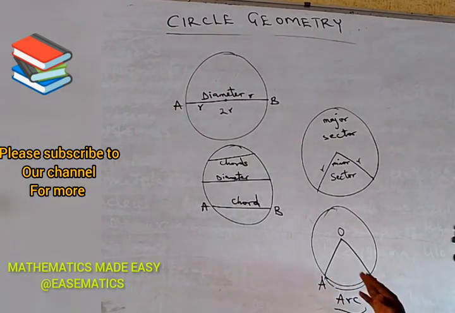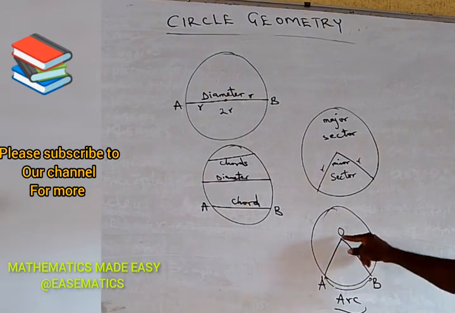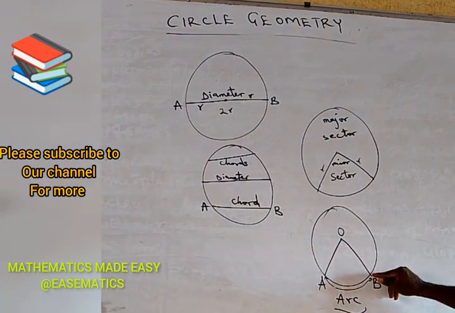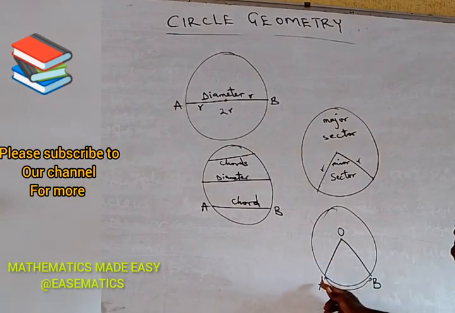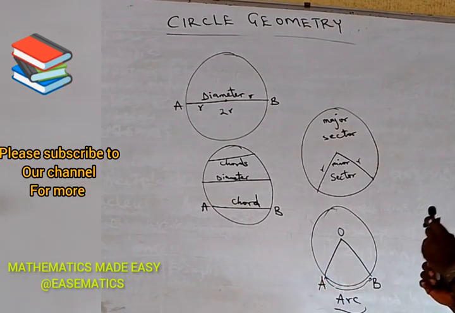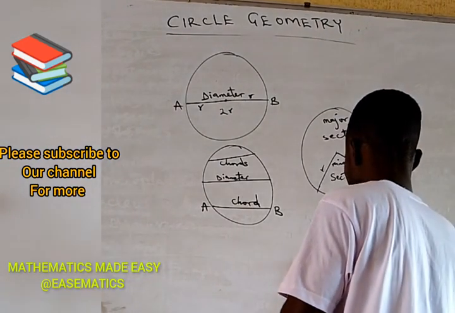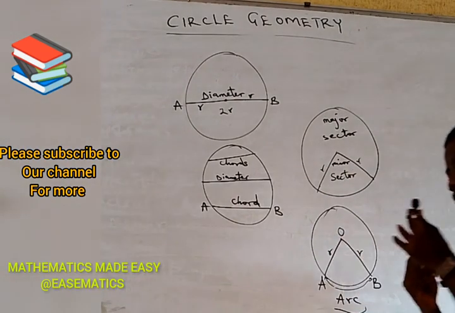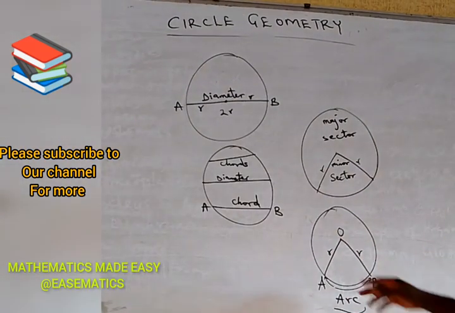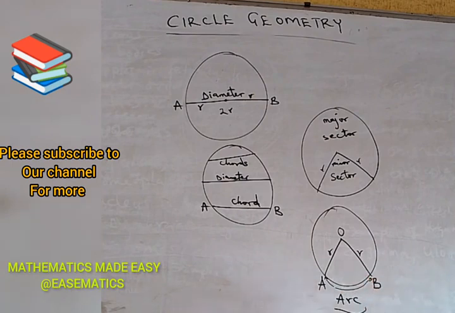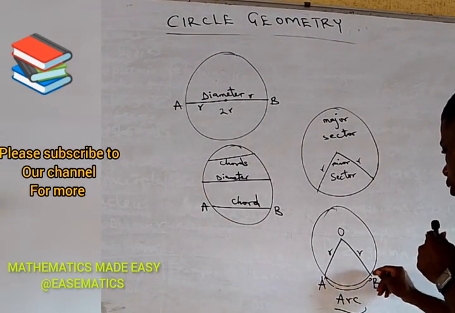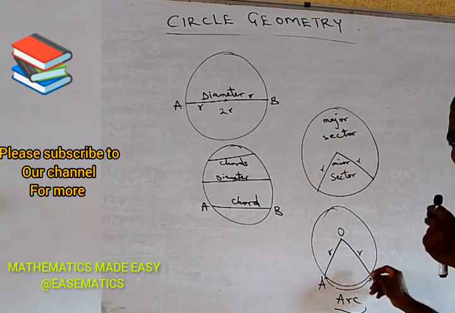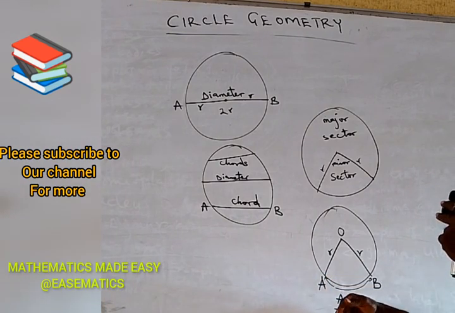Let's take this simpler. Taking this radius of the circle to one point of the circumference, taking the second radius to another point of the circumference. Of course, these are the radii of the circle. So when they join at different points of the circumference, they cut out a curve at the outer part of the circumference.